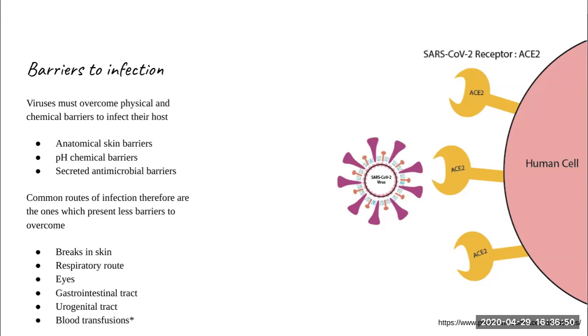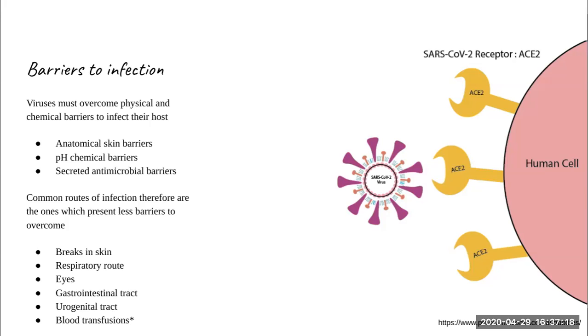Through the eyes, even though they're bathed in these antimicrobial enzymes and small molecules which try to deter or stop pathogens from spreading, they can still become a site of infection. The gastrointestinal tract, of course, we eat something and wind up getting infected that way. That's a common one for something like polio.